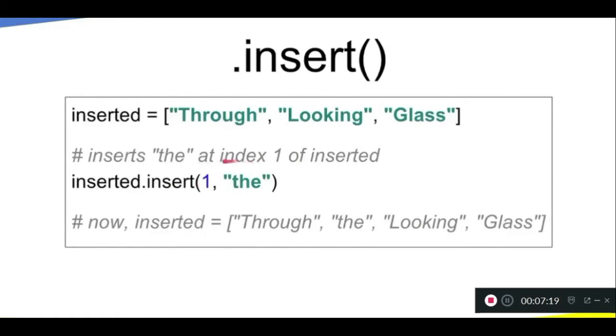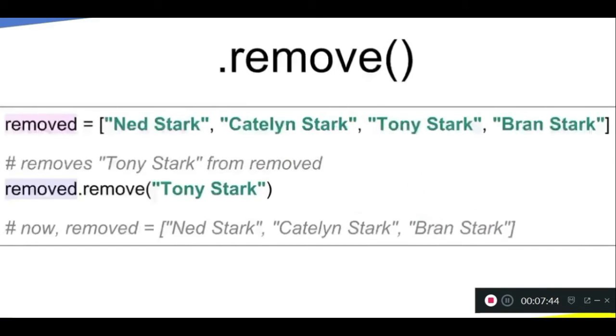The output would be this. So through would remain at the 0 position. The first position would be replaced by the new element, and looking and glass would be shifted further ahead, becoming the third and the fourth one.